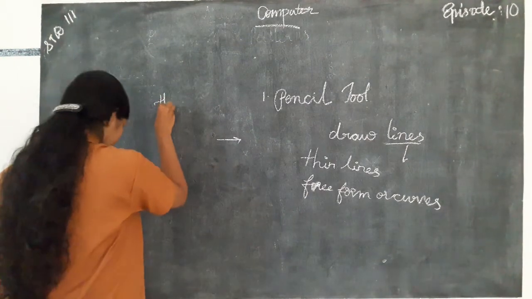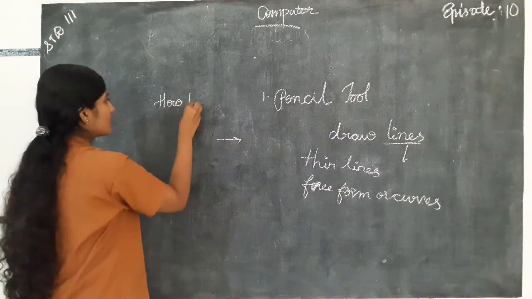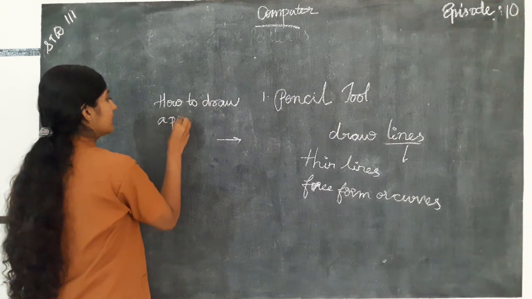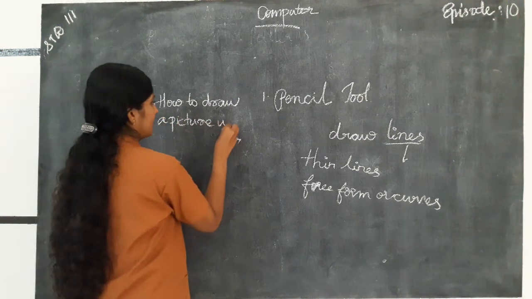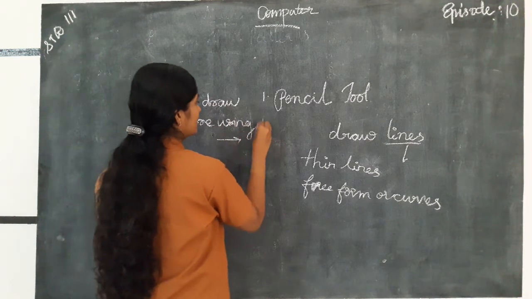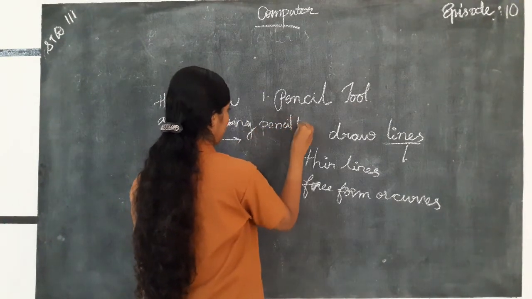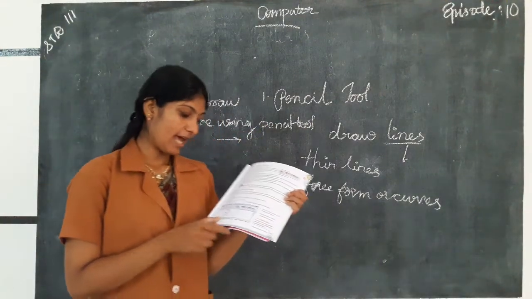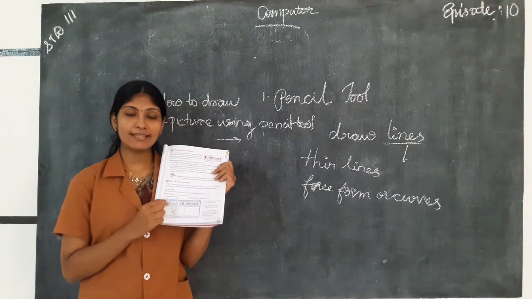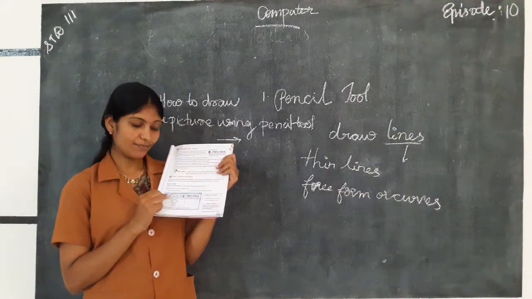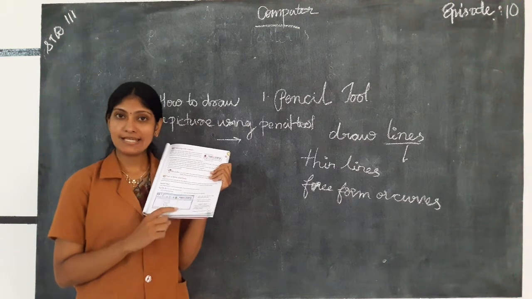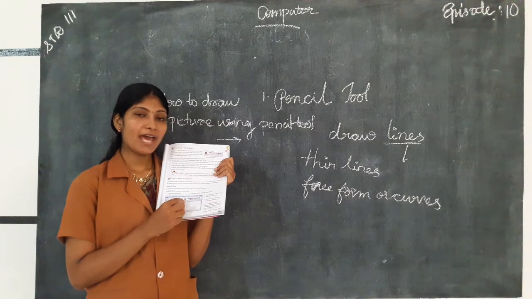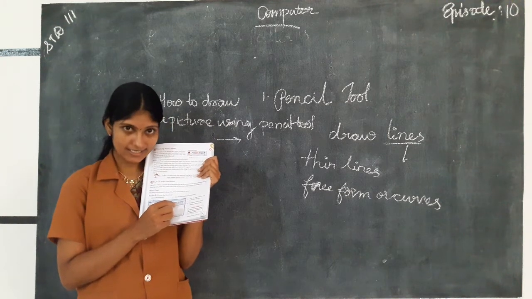The next topic, how to draw a picture using the pencil tool. First, open the Paint software and then click the pencil tool. If you want to select a green color, just go to the color 1 group and select the green color.